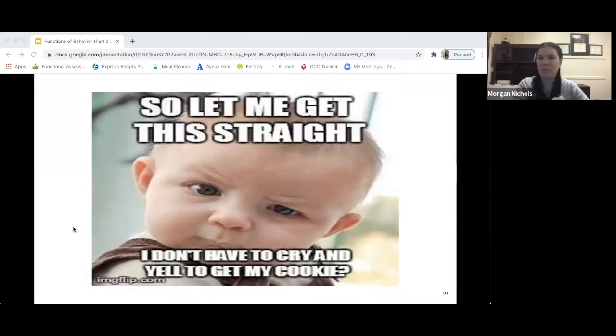No, you can just simply ask for it. Because if we make sure that we reinforce the behaviors we do like, asking for the cookie rather than yelling and crying for the cookie, then we can make sure that we teach our kids to do the things that we need them to do rather than really annoying behaviors like crying ridiculously loud when we all have a headache, something like that.